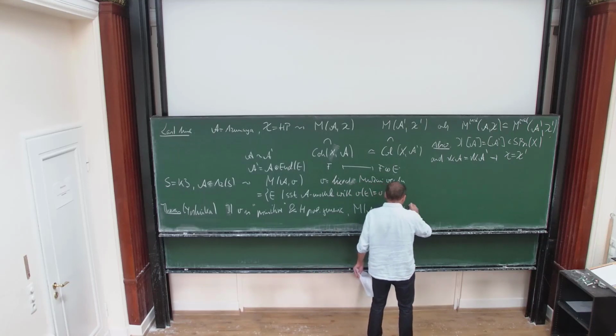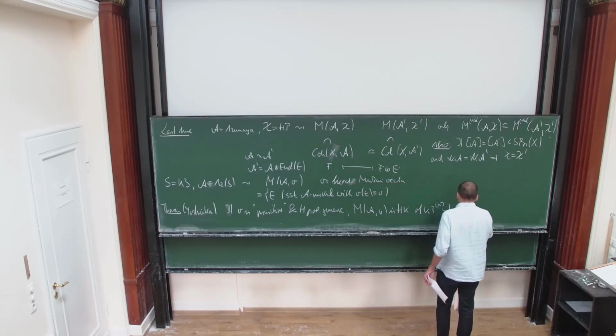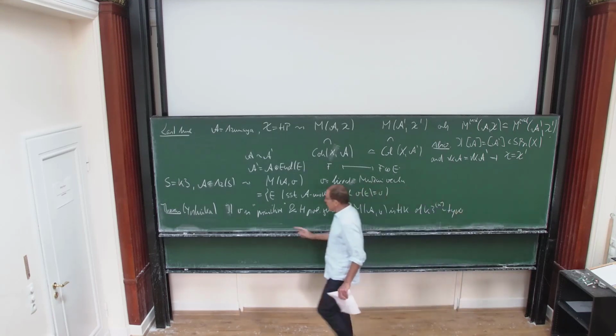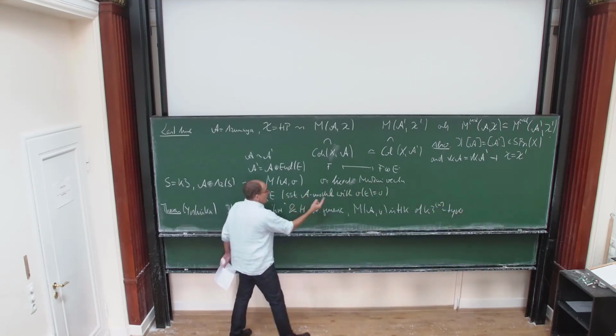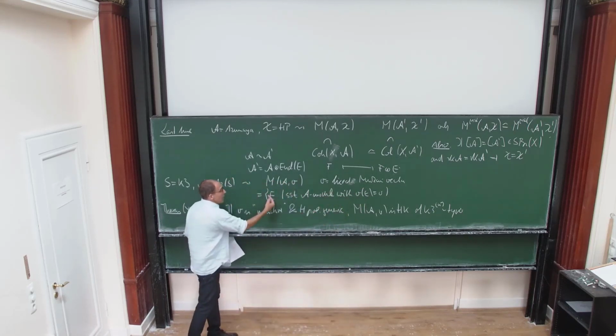It's a hyperkähler of K3 type. And the primitive here means this vector cannot be written as a multiple of a Mukai vector of some other A module.